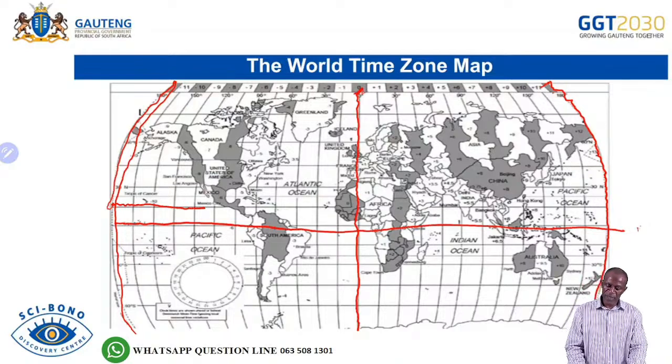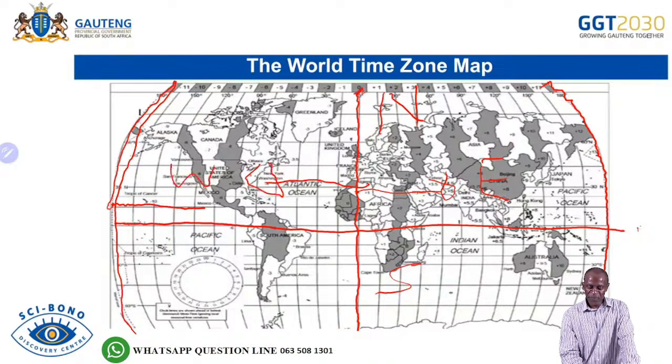Just remember that this will be our northern hemisphere, and this side will have our southern hemisphere. And the 0 degrees longitude, we said, will separate the universe into east and west.